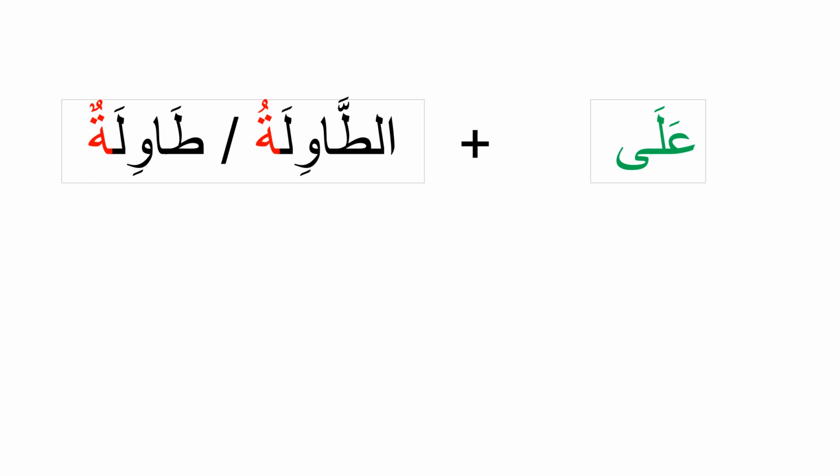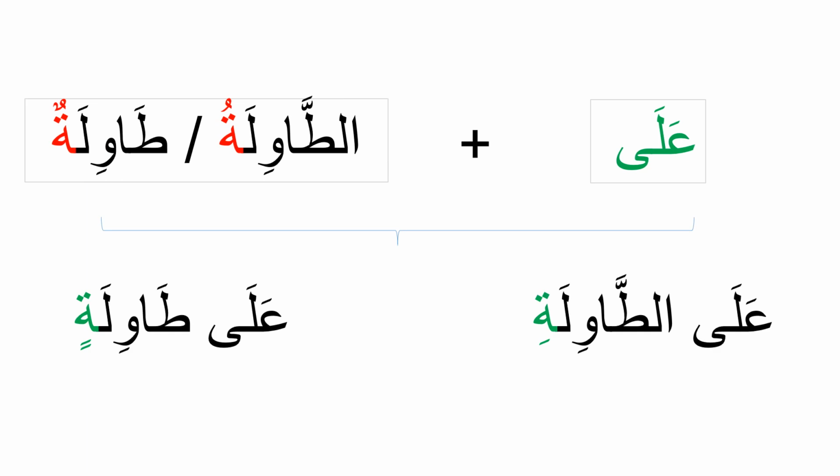Moving on to the next example. Again, the preposition comes first, followed by the noun, and the case ending will change from the nominative one to the genitive one. على الطاولة، على طاولة. Again, على الطاولة، على طاولة. I think you've got the hang of it.